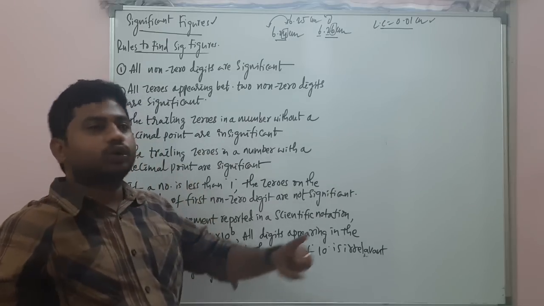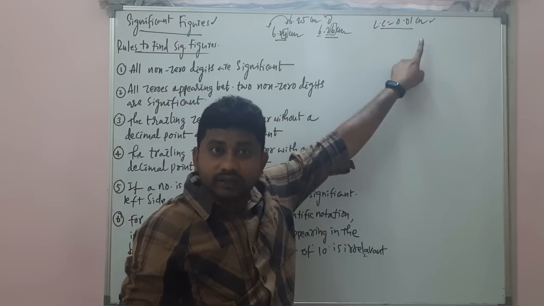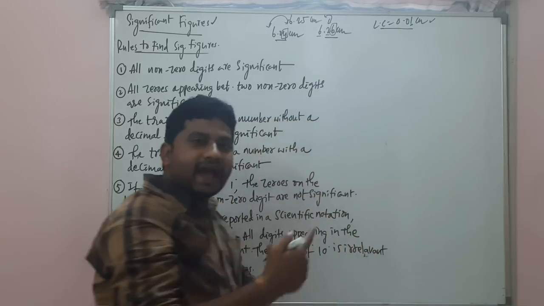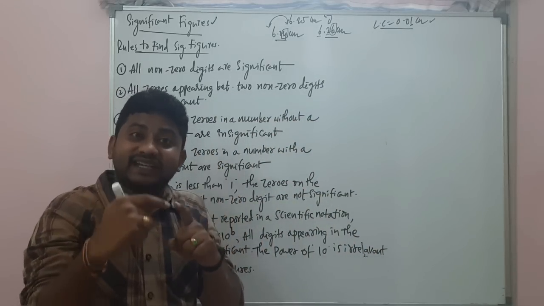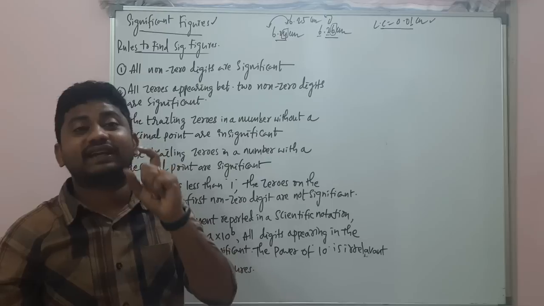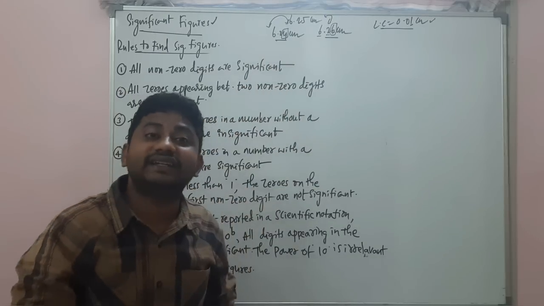As the least count of the instrument is 0.01, definitely the last digit will be having the changes. That's called the uncertain digit. The digit which is changing for every measurement is called the uncertain digit. And the other two digits are called certain digits.